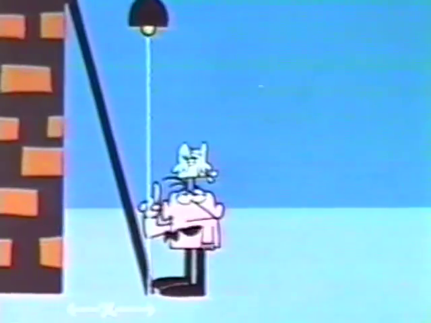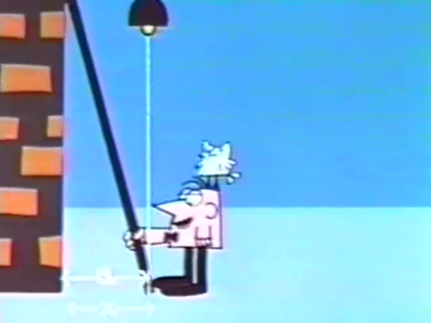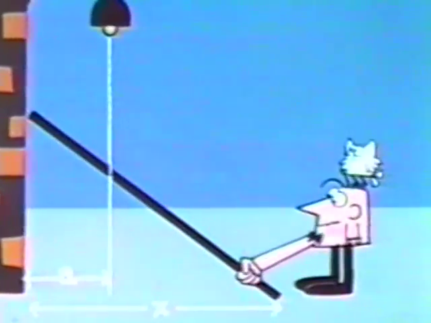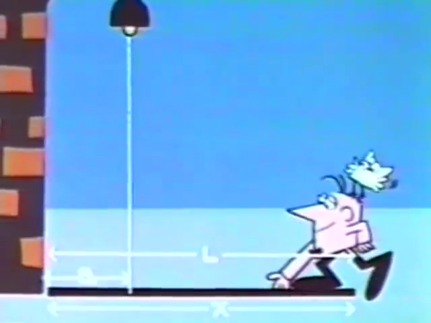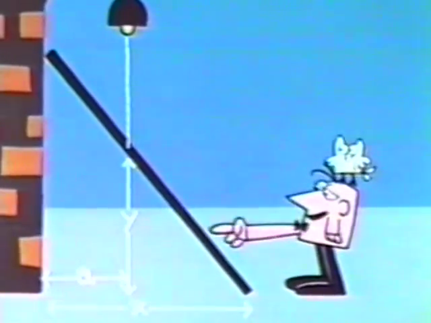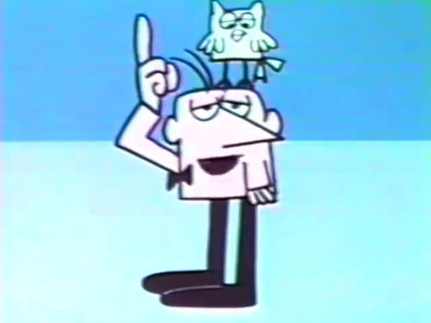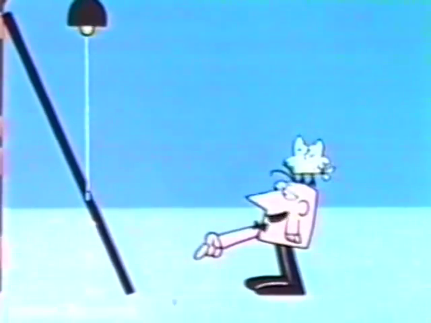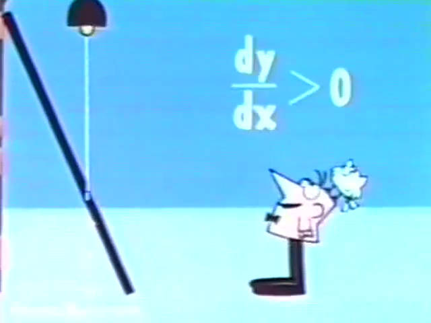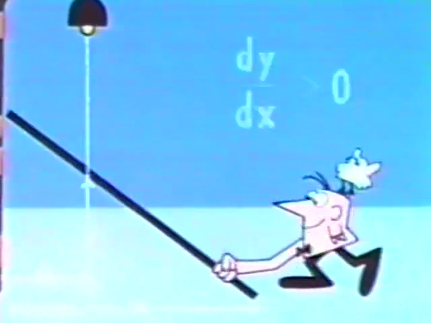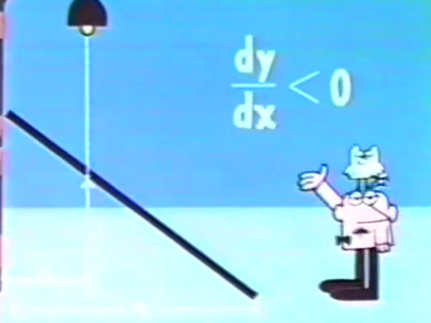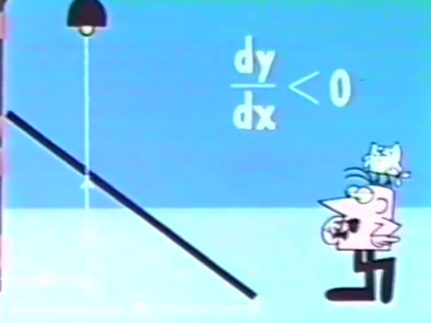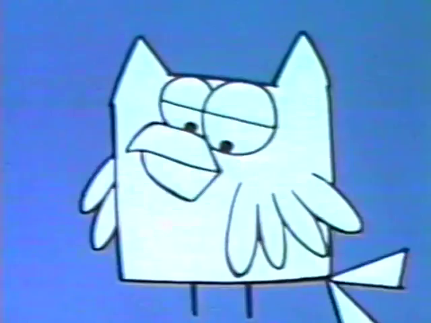Change x from a through all the other values up to L. In between, y is positive. Maximum somewhere in there. Now, I know in a position like this, dy/dx is positive. Graph rises to the right. Then in a position like this, graph rises to the left. So they're not top points. Where is the maximum? I don't know.